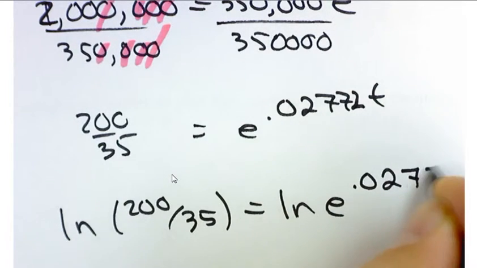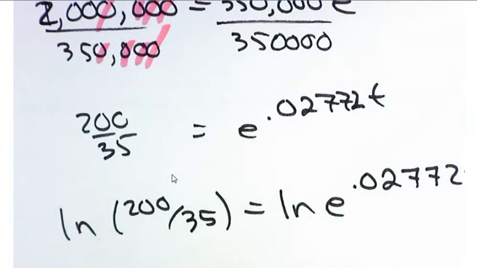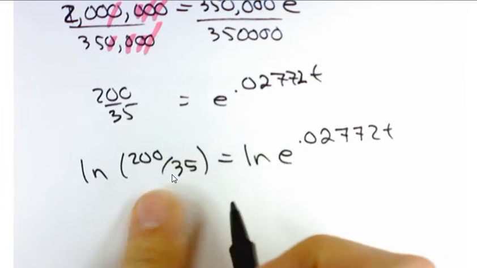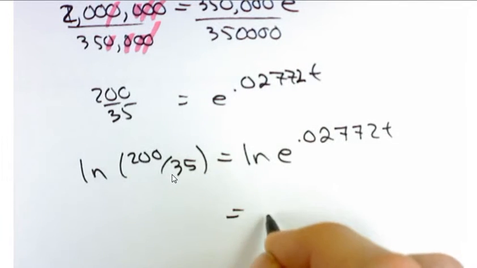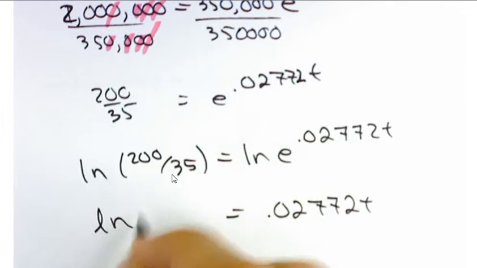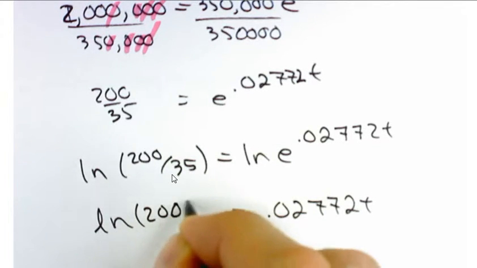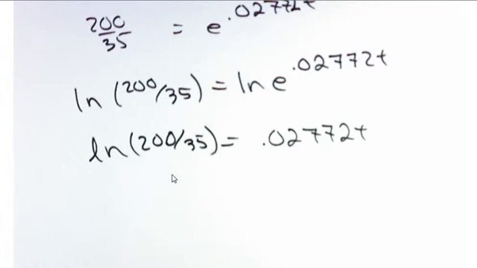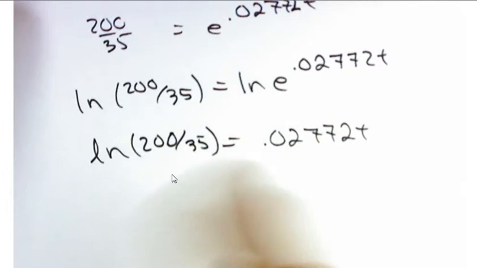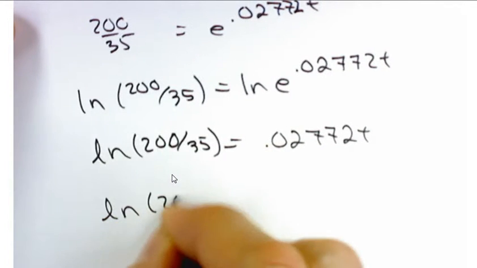Then the right-hand side becomes 0.02772 t. I'll just leave the left as it is, 200 over 35. So I want to take the log of that and divide it by this. So the ln of 200 divided by 35, divided by 0.02772, equals t.